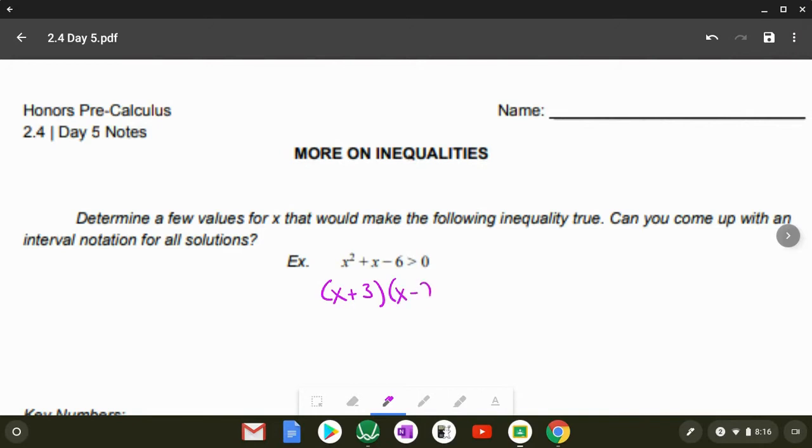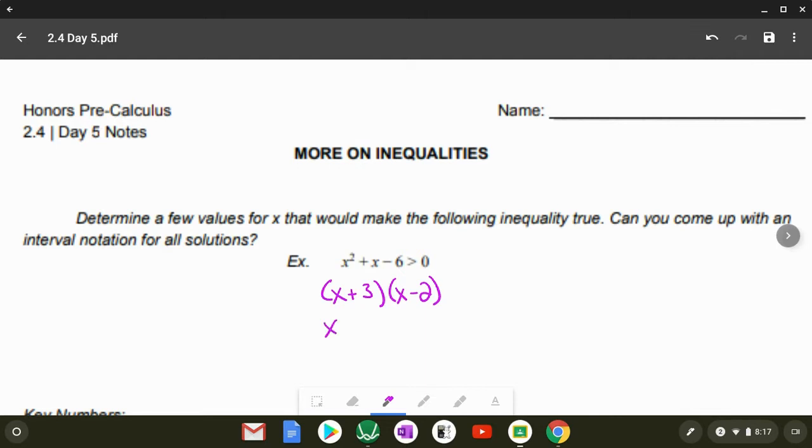And by doing that, what you're recognizing is when we solve a quadratic equation, we have 0 by itself, and we want to find all values for x that make the left side equal to 0.